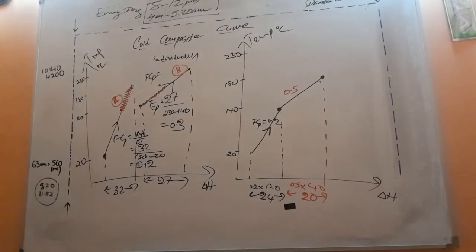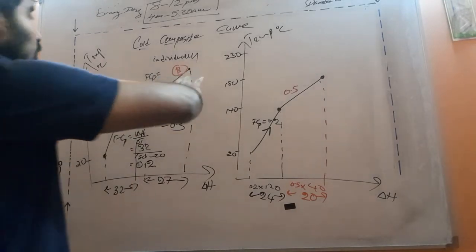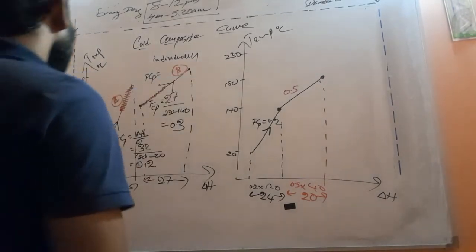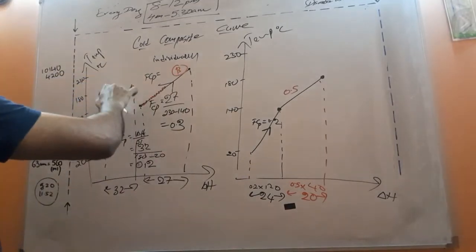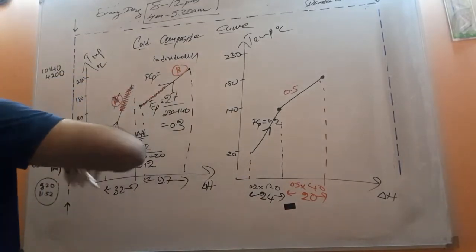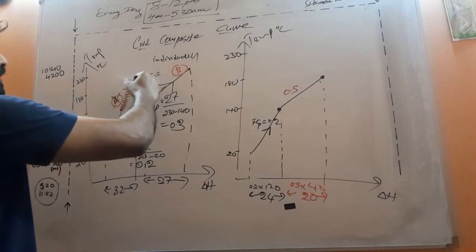Okay, next thing. Now you have to relate the point from 180 to 230. What is the only curve that you can use to define the temperature range from 180 to 230? You cannot use curve A, because you cannot use curve A to define the temperature ranges above 180.